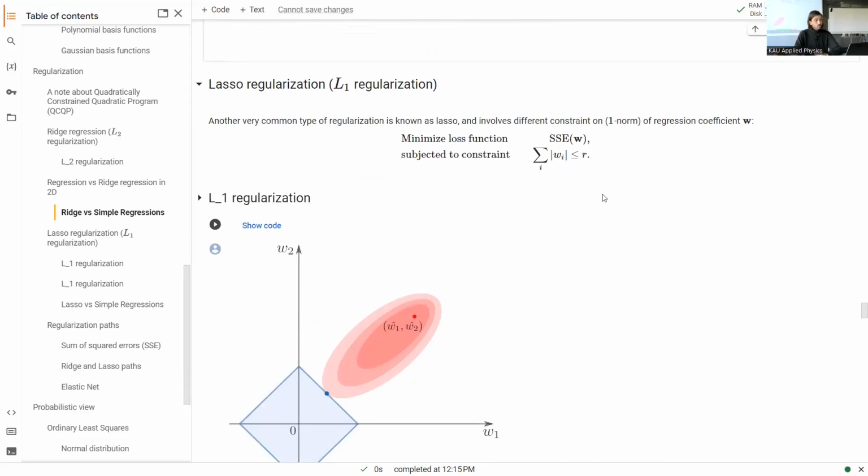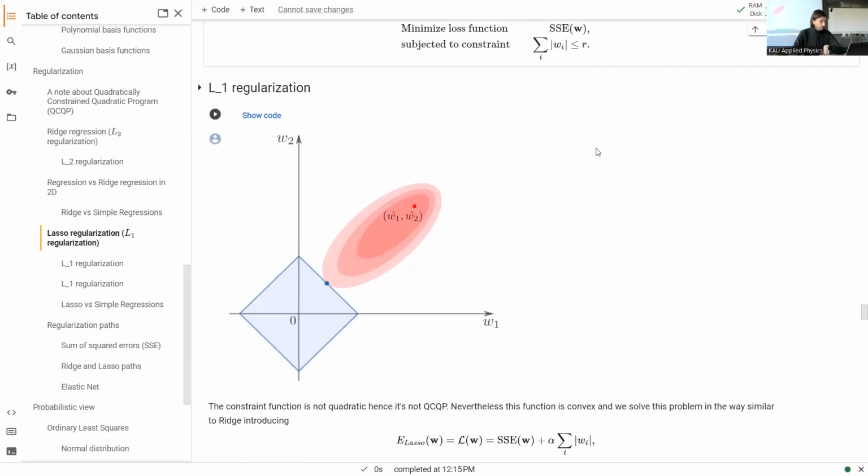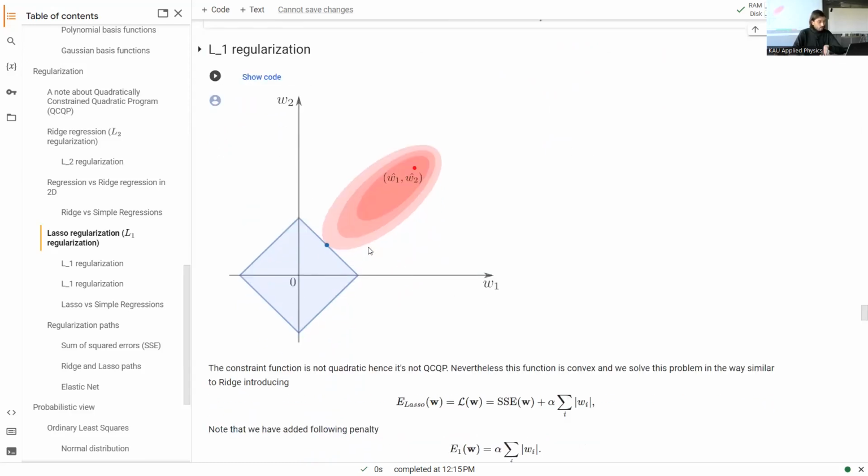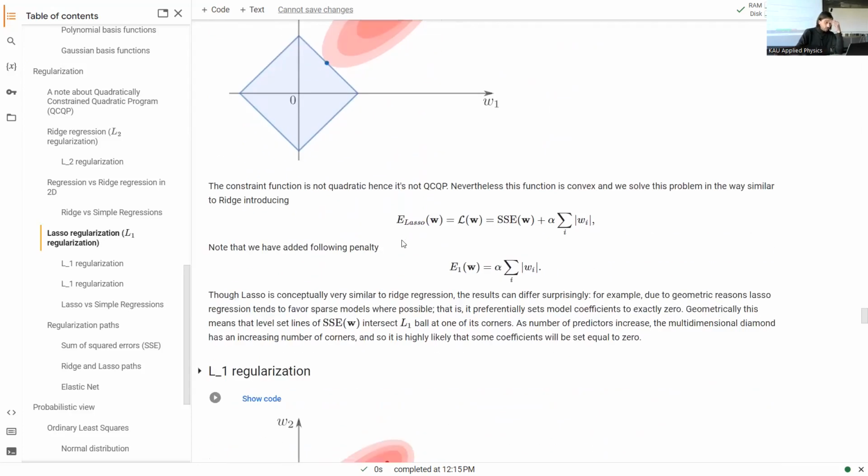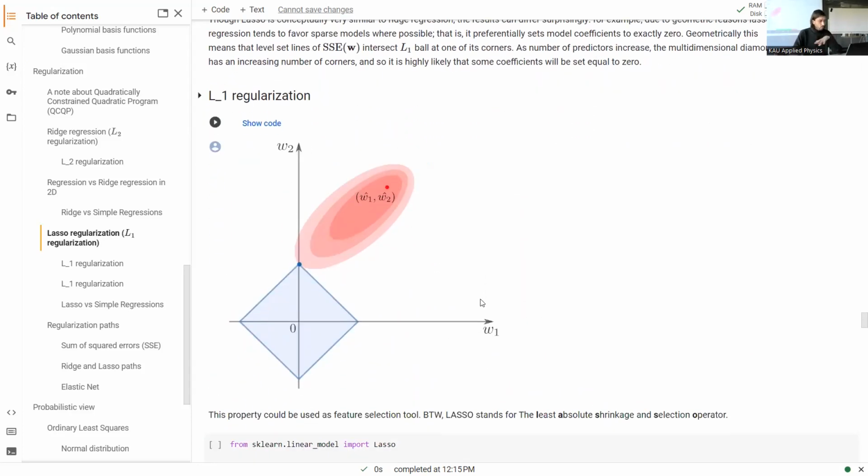Okay, the other method that we can employ is the so-called L1 or Lasso regularization. Here I minimize the same SSE function, but I subject it to the constraint that the sum of moduli of Wi is smaller than some parameter R. Here is the picture for you, how it looks. Everything looks almost the same.